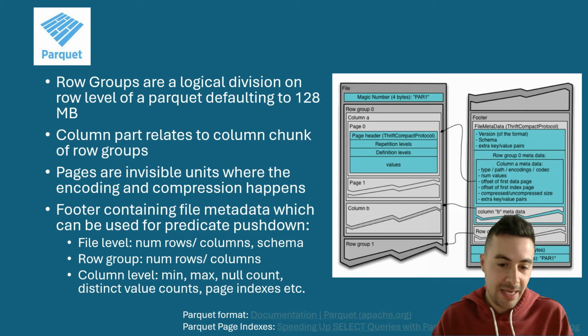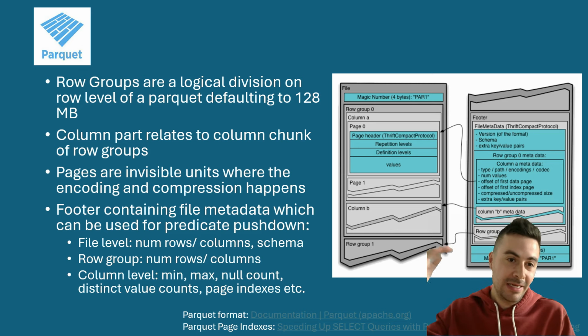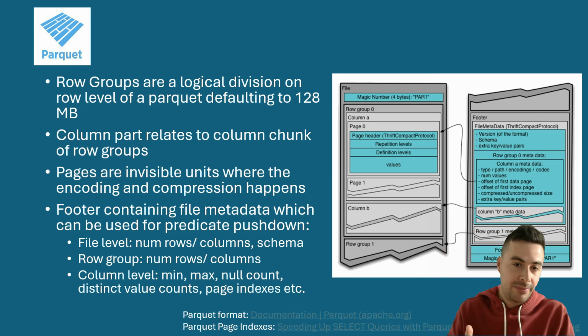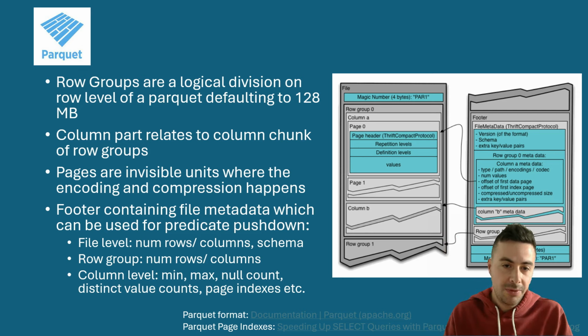And you're gonna realize, okay, the default parameter of maxPartitionBytes, which limits the size of a partition, is also 128 megabytes. Then we have the columnar part, which relates to a columnar chunk within a row group. And then this columnar chunk is again divided into pages. So a page, I think, was always around a few megabytes big.